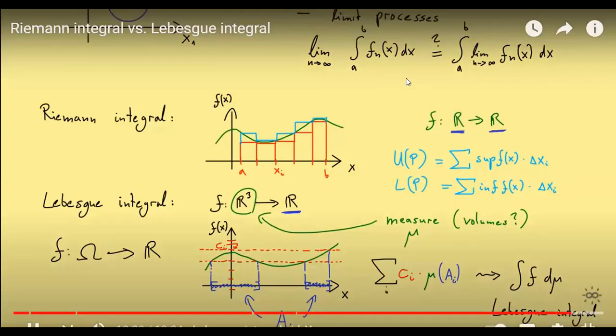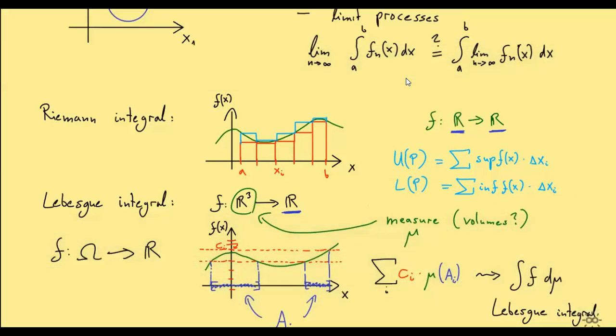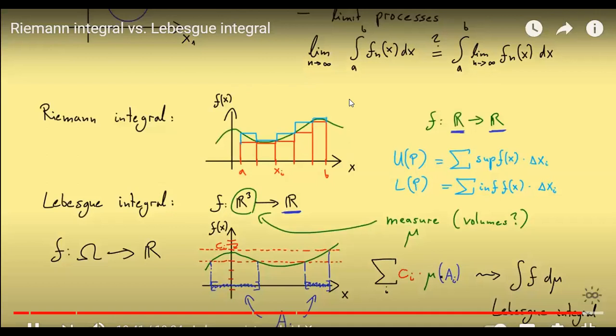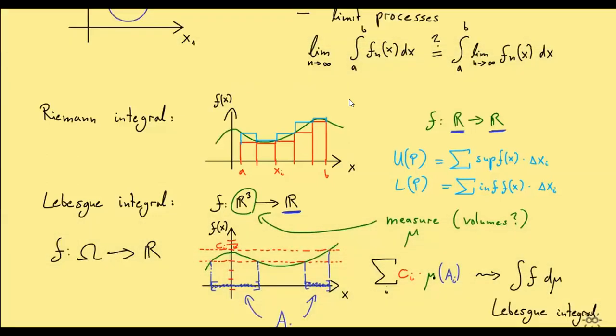And also the dependence on continuity is gone, since now we can measure the size of the set of the points of discontinuity. For example, if we have infinitely many points of discontinuity, but the measure of the set of all these points is 0, we don't have a problem in the definition of the integral at all.